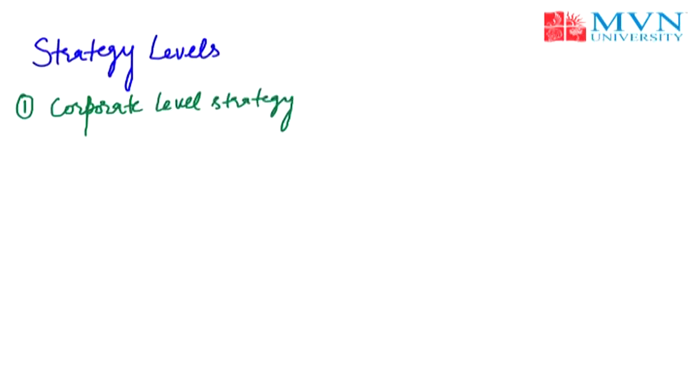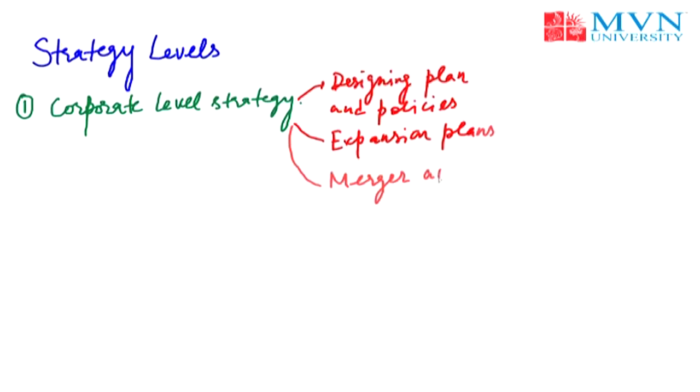They have to decide whether to continue the present business, close it down, or enter a new market, make international tie-ups, and decide where to raise capital. All these strategies are taken at the corporate level. To name a few examples: designing plans and policies, expansion plans, and merger and acquisition.